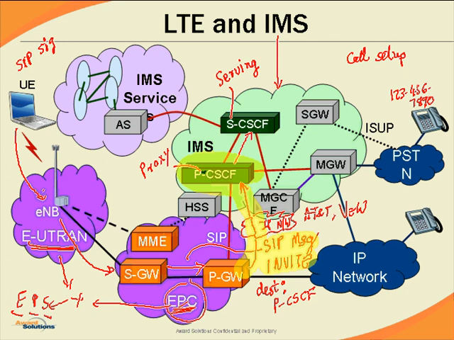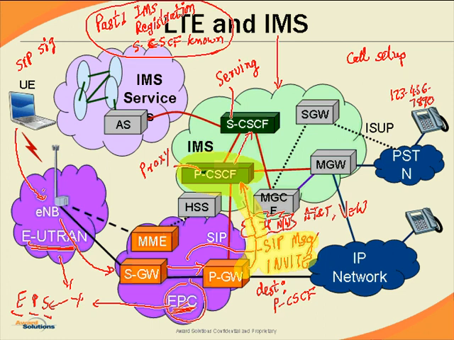In the past, when the UE did IMS registration, as part of that process, we know who the serving CSCF is. That's the reason the proxy is able to forward the IP packet containing a SIP message such as INVITE to the serving CSCF.